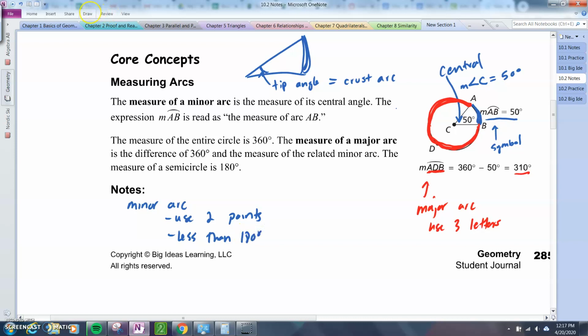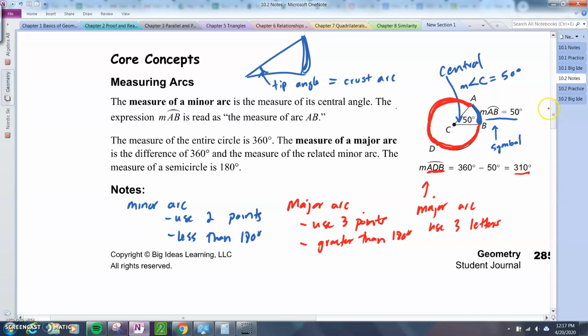And then we have the major arc. That's using 3 points, and it's always greater than 180. Okay? And there you have it. So that's exploring minor and major arcs.